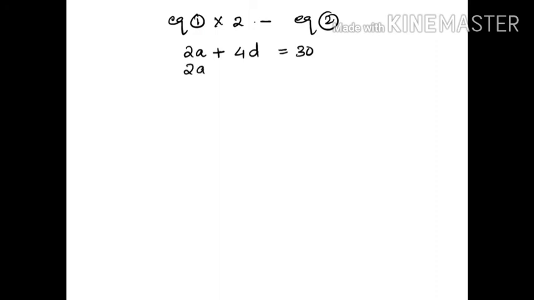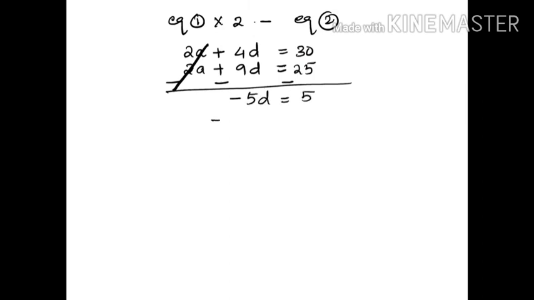Copy the second equation as it is, 2a plus 9d equal to 25. To subtract, change the sign of the second equation. So a gets eliminated. We have minus 5d equal to 5. So this implies d is equal to minus 1.